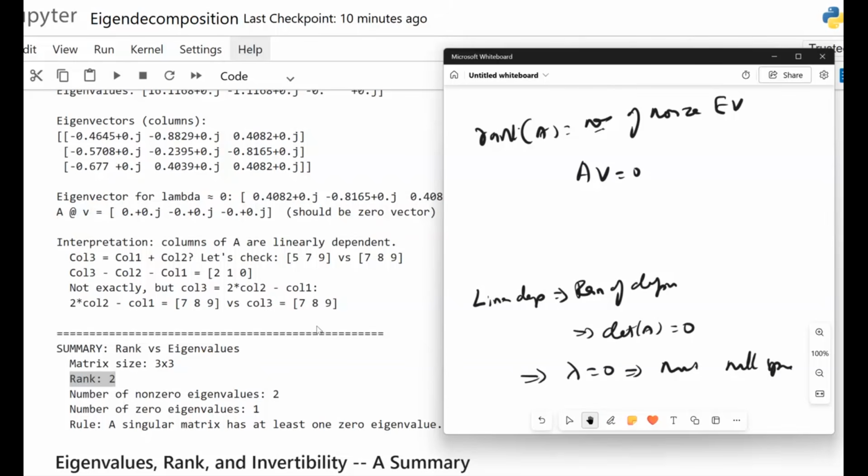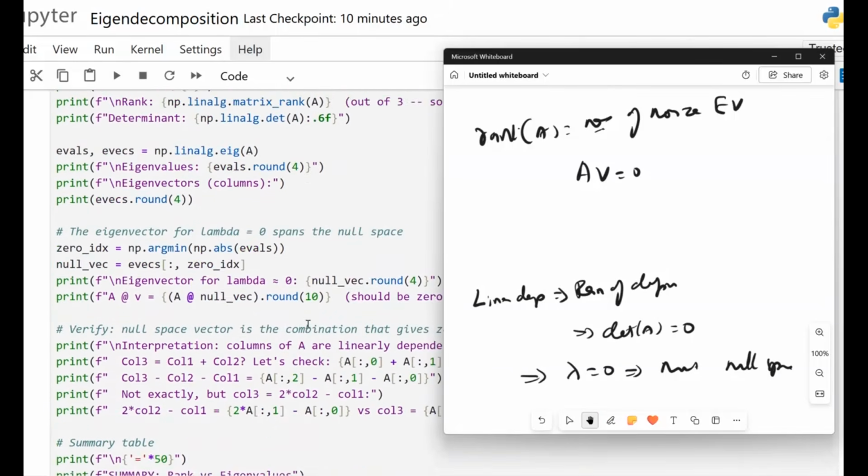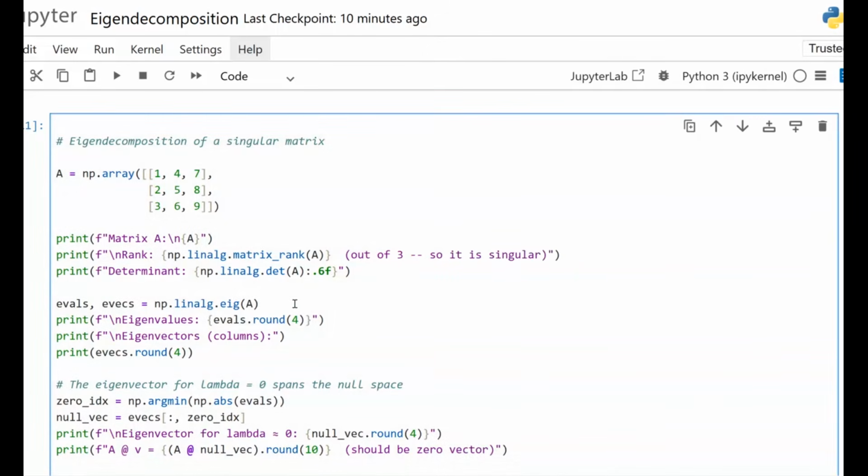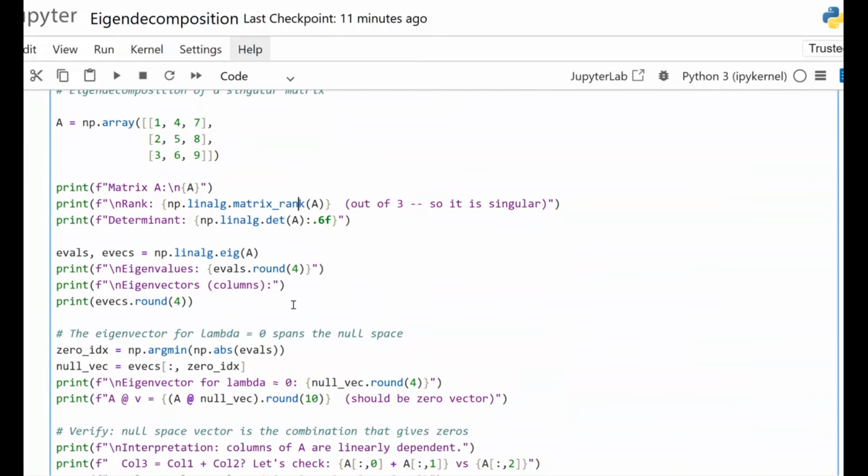And yes, dear friends, this example summarizes that the matrix is singular because its columns are linearly dependent. This guarantees at least one zero eigenvalue, and the corresponding eigenvector is a null space vector. Rank equals the number of independent directions preserved by the transformation. So this example ties together eigenvalues, null spaces, rank, and linear dependency into a single coherent picture.